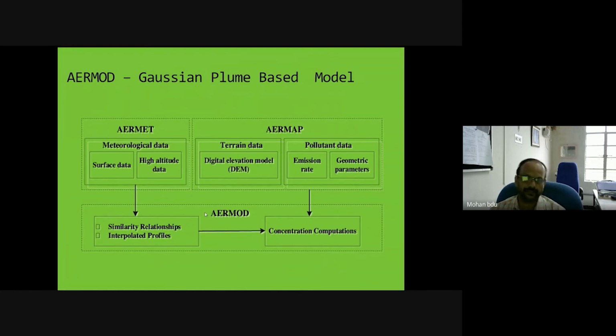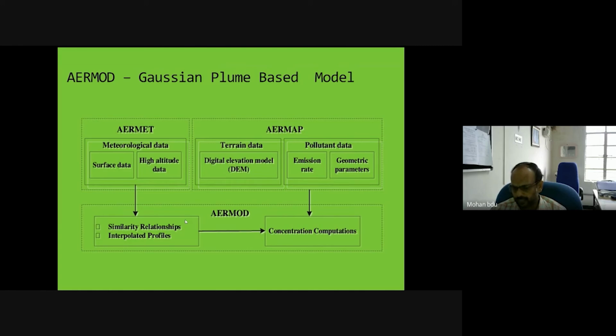It has two components: AERMET and AERMAP. AERMET is nothing but the component which will have the meteorological data as input, like the wind speed, wind direction, solar radiation, etc. And AERMAP is another component which will have inputs of terrain data, that is DEM, the digital elevation model, which I showed you earlier, and then the pollution data, like the data from the emission source in terms of emission rate or geometric parameters, and this will calculate and give a result on the concentrations of the air pollution at a given location.